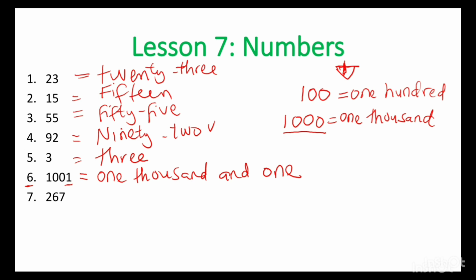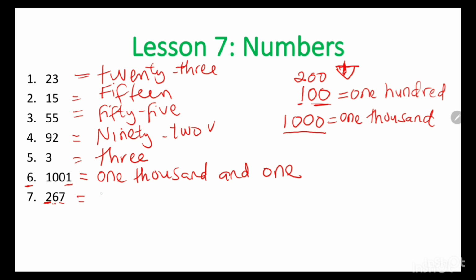Look at this one. This is 2, and then you have 6, and then you have 7. Remember, if you have 2 numbers after 1 or after another number, it is in the hundreds, okay? So we have 100 here, we have 200. So here, this 2 stands for the 200, and then you have 6 and 7. 6 and 7 is in the tens, okay?